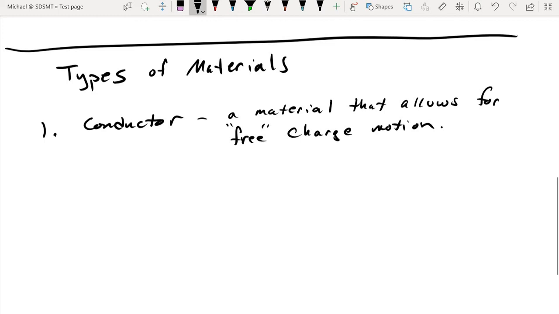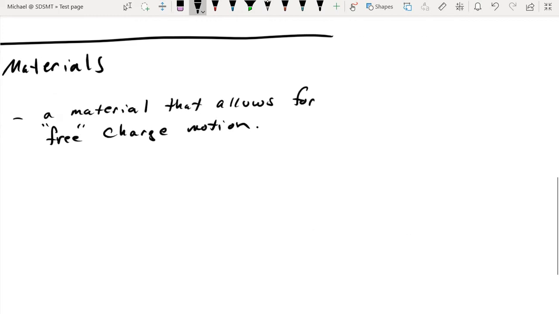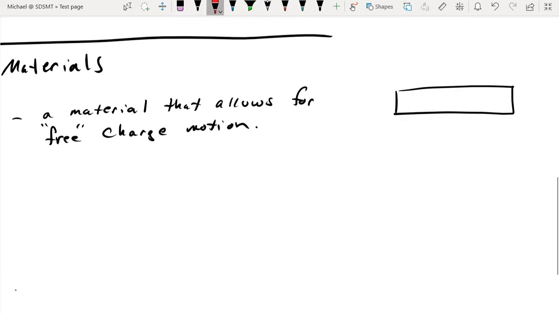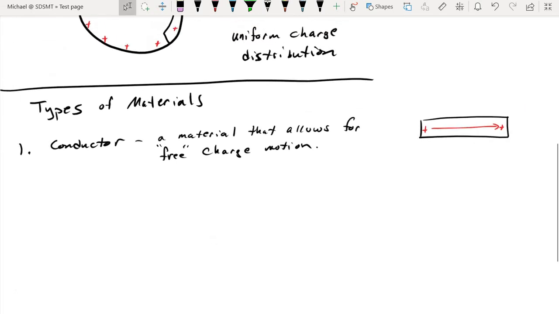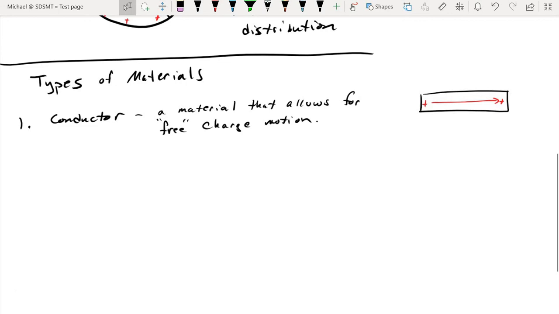So what this means is that we have a material where if I wanted, I could place the charge on one side of that material and it could eventually travel to any other point within the material, given enough time and enough influence of outside forces. And we say "free" in quotations because it's not entirely free.